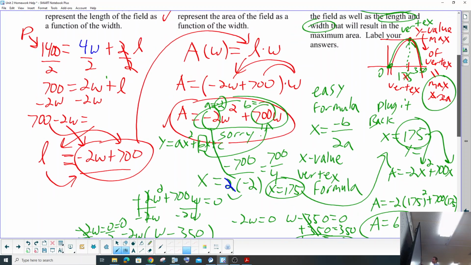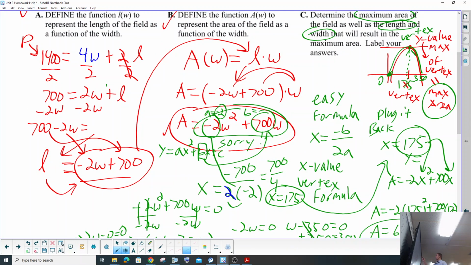If we plug that back in, we have our width is 350. Using this formula, let's make sure we get our length right. We do know our area is 61,250. So we can solve for L by dividing by 350. Divide by 350 to the other side, solve for L, and that'll give us our length.